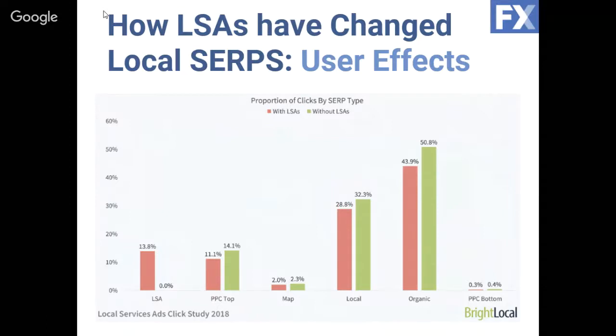And so what that means to us as a business, when it comes to our marketing efforts and working to drive more leads, is realizing that when we aren't in local service ads, or we aren't in PPC, or aren't in local or organic, we're missing out on a percentage of our consumers.